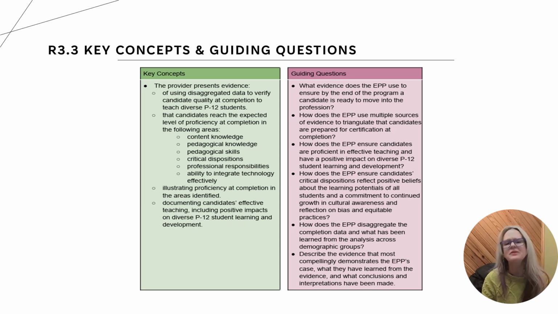Okay, the next thing we need to look at in this component, and again, this is in the standards workbook on page 32, the key components and the guiding questions. So please take a moment to review those, paying special attention to the key concepts.